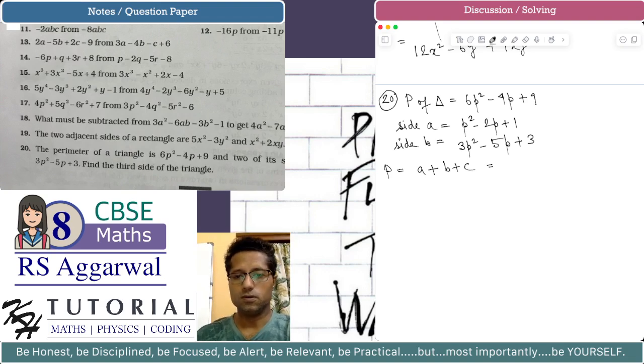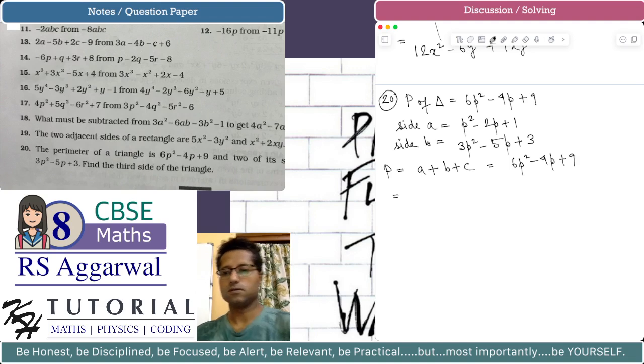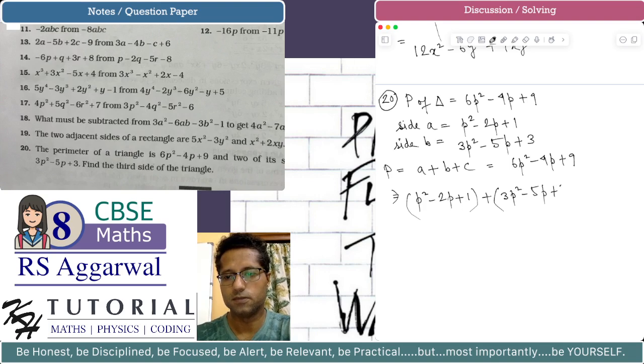So this is equal to, we have 6p square minus 4p plus 9. So this implies that A is p square minus 2p plus 1, and B is 3p square minus 5p plus 3, and we have plus C is equal to 6p square minus 4p plus 9.